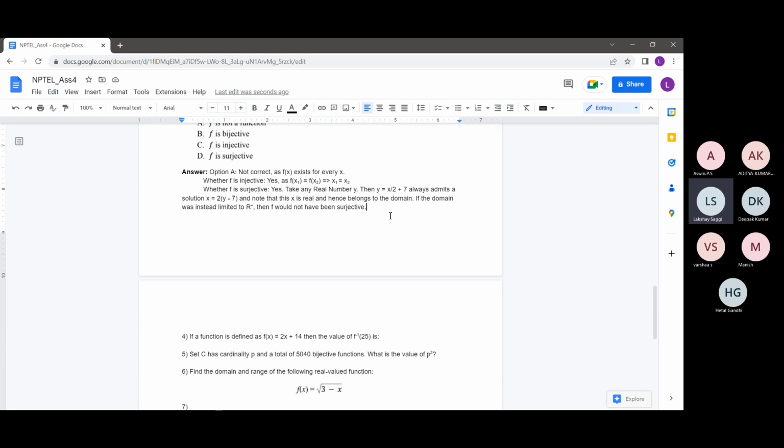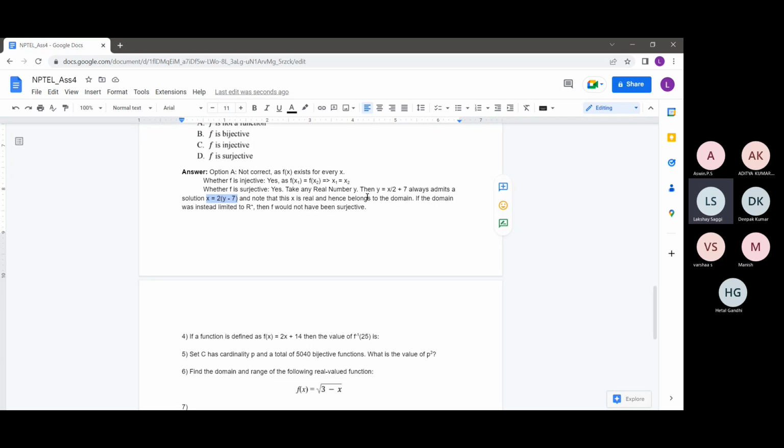So here we can again take a y. Let's say from here we see that the x which gives the perfect solution for y is 2 times y minus 7. So if y was, let's say, less than 7, suppose y was 6, then x would come out to be negative. But if we had limited our domain to positive numbers only, then we could not have gotten any x.